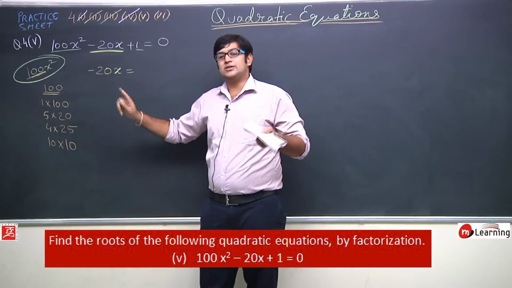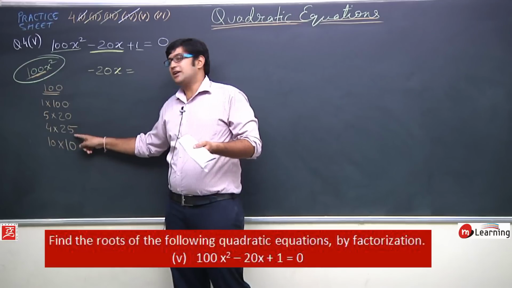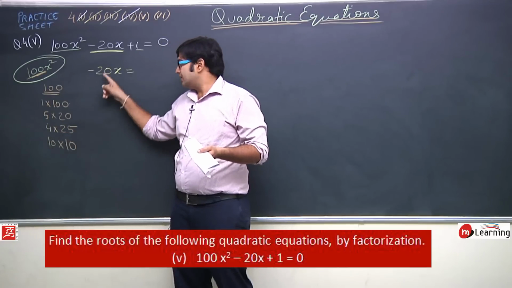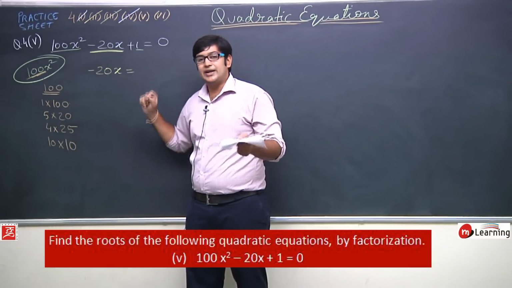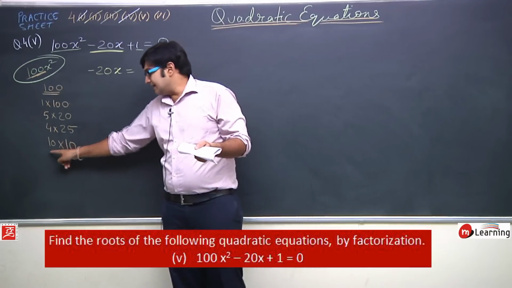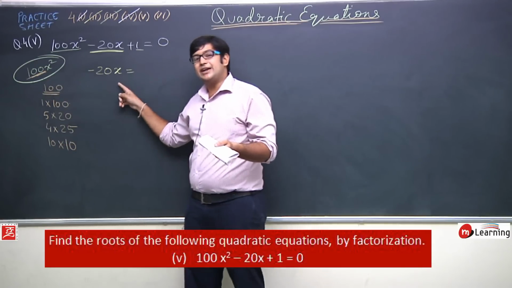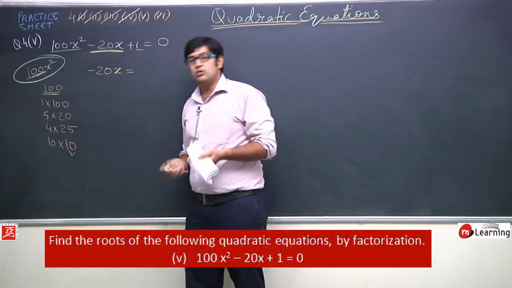No. 5 plus 20 is not 20. Then 4 into 25 gives 100, but does 4 plus 25 give 20? No. It will give you 29 but not 20. Similarly 10 into 10 gives 100. Does 10 plus 10 give 20? Yes. 10 plus 10 definitely will give you 20.